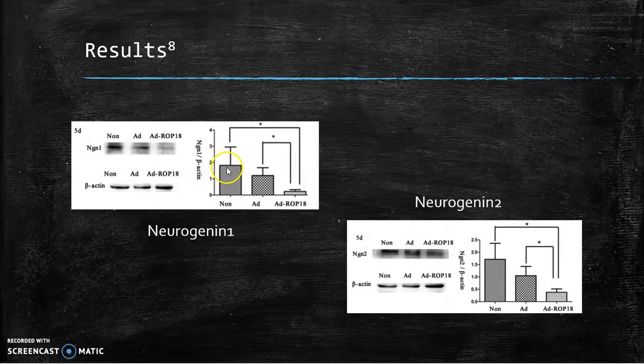We'll go over here so you can kind of quantify that. And then once you go to the infected ROP18 cell, it's significantly decreased. And this kind of follows with the beta-catenin from the previous slide. Beta-catenin leads to the expression of neurogenin 1 and 2. For our purposes, there really is no difference in the neurogenin 1 and 2, but this just shows another significant change in the expression of these neural stem cells.